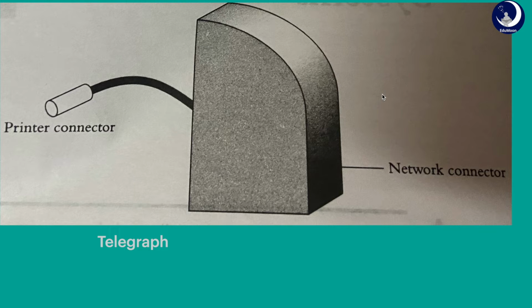That is, it can arrive twice, thrice, the same data coming again and again. So the telegraph must sort this out on the network, and it should provide a clean data stream to the printer. This is one of the most important points. It should provide a clean data stream to the printer.